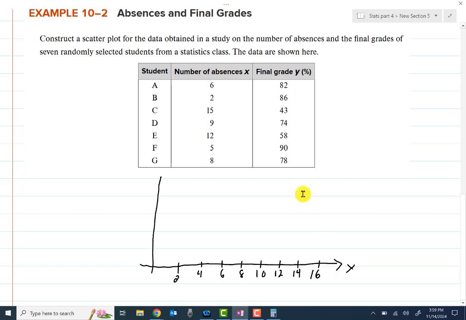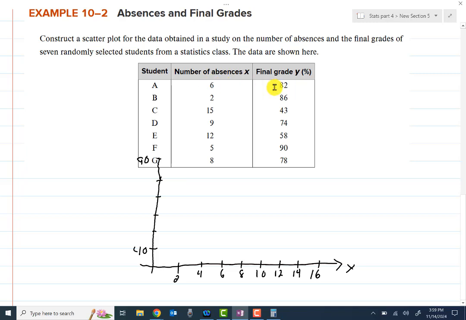Now the y values, they go from a low of 43 to a high of 90. So maybe I'll start it at 40, 50, 60, 70, 80. Up, I got to go one more. 90 is up there. It's going to interfere with my graph. And let's start graphing here.